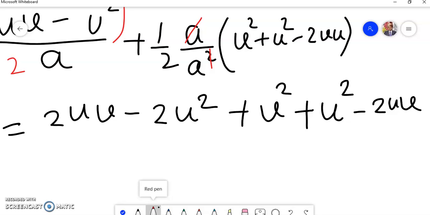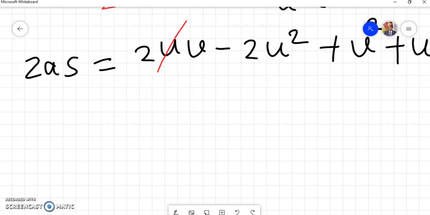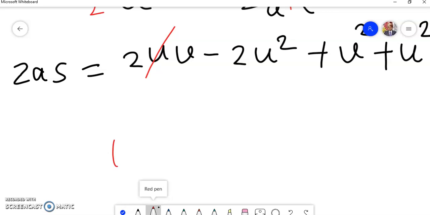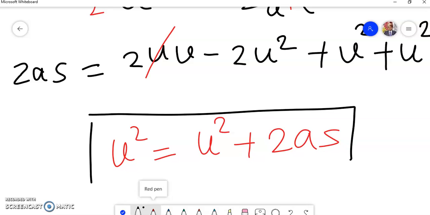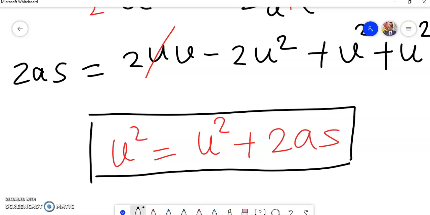You see, this will be cancelling from this, and then one u will be subtracted. So what you get finally is very simple, that v square is equal to u square plus 2as. This is your required result. So we have proved the 3 equations of motion. That is all from here.